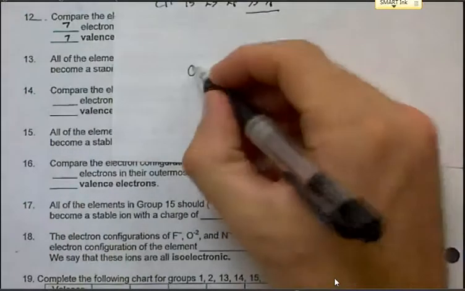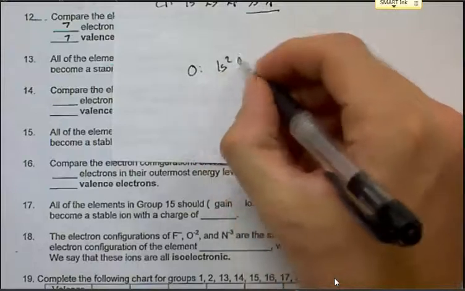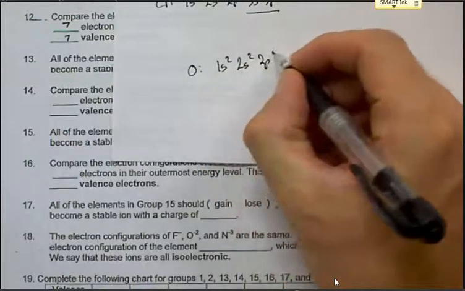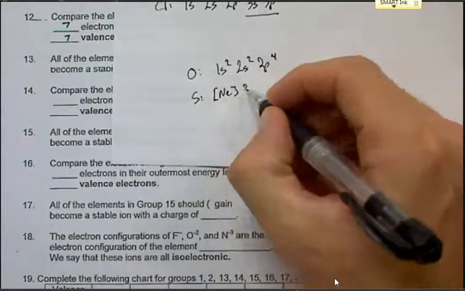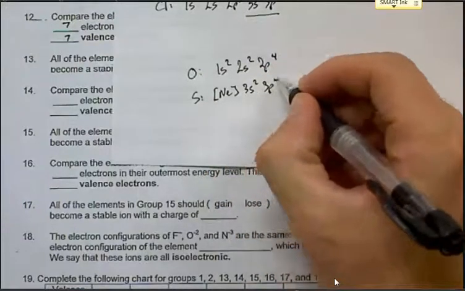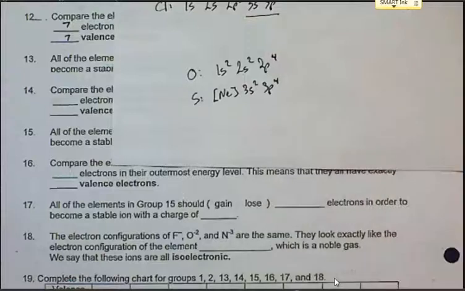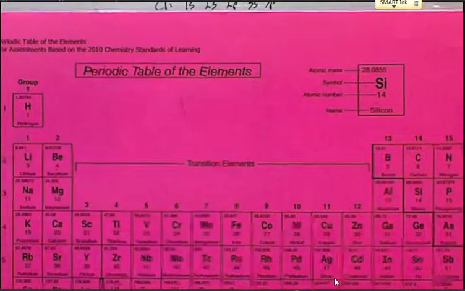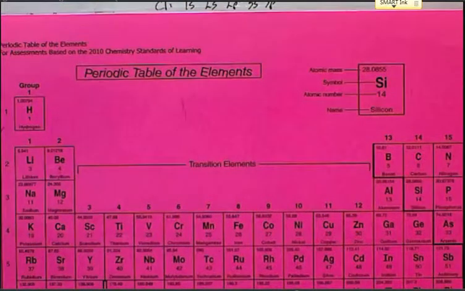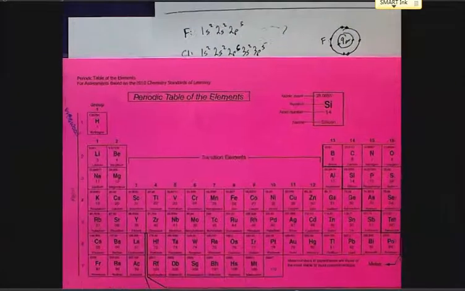Oxygen, 1s2, 2s2, 2p4. Sulfur, it looks like neon with a 3s2, 3p4. Let's go through that one and just make sure that we're all comfortable on how to get that. I'm going to zoom out a little bit here so you can see the whole periodic table.